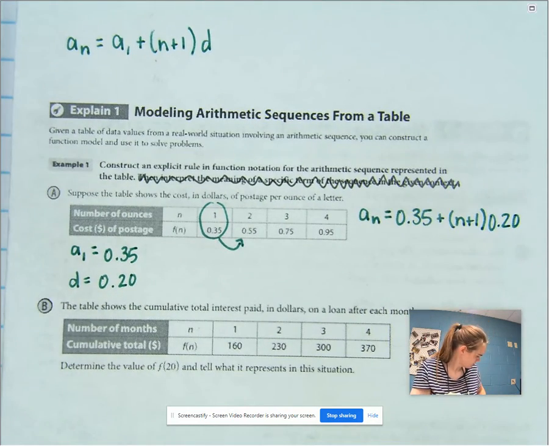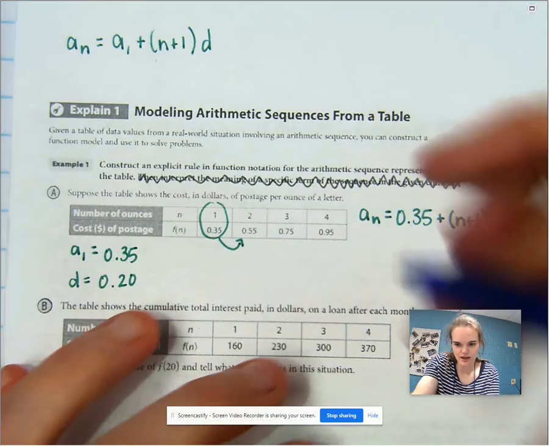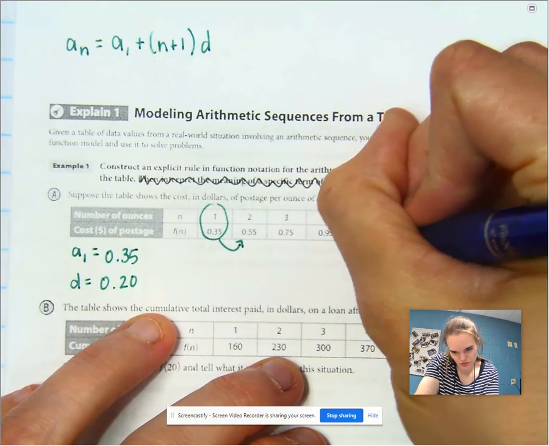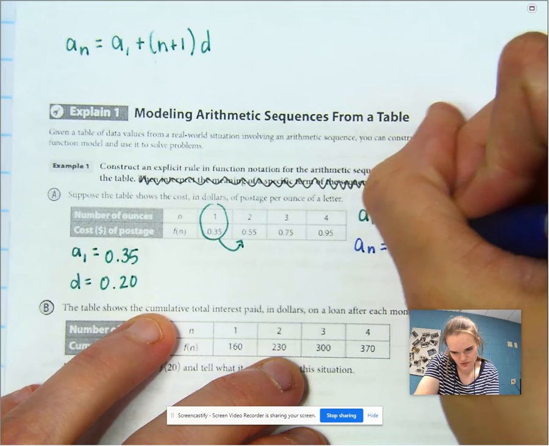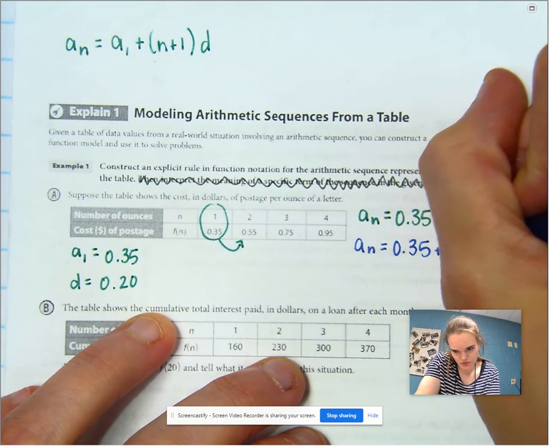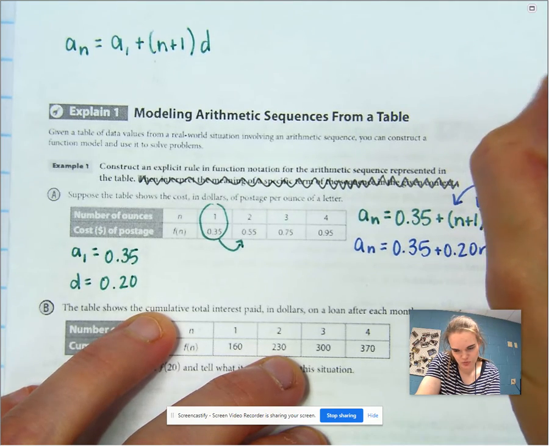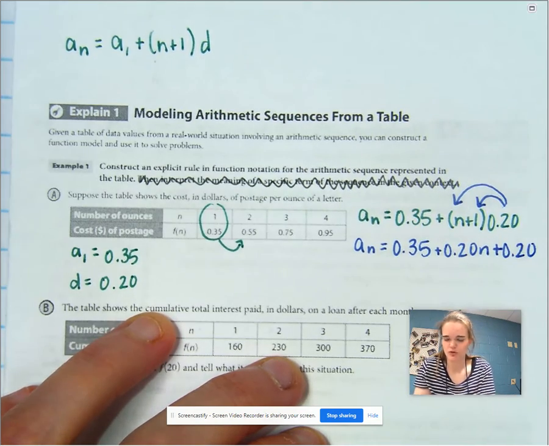Remember, we have to simplify explicit rules. So a sub n equals 0.35, distribute 0.20n, distribute plus 0.20, 0.20 cents.